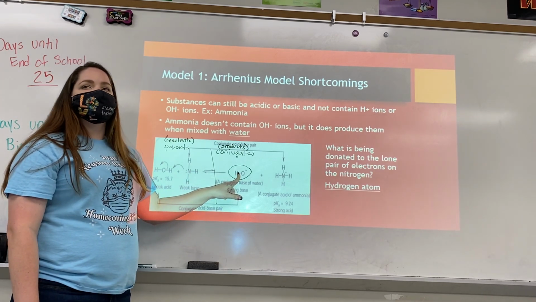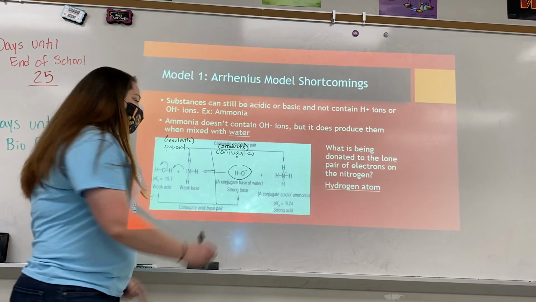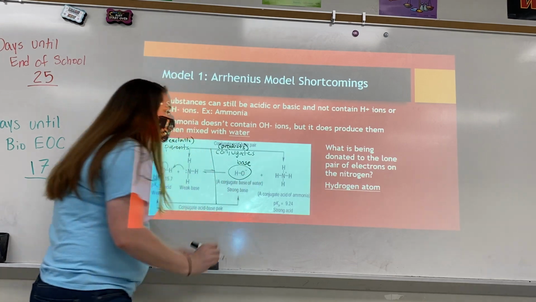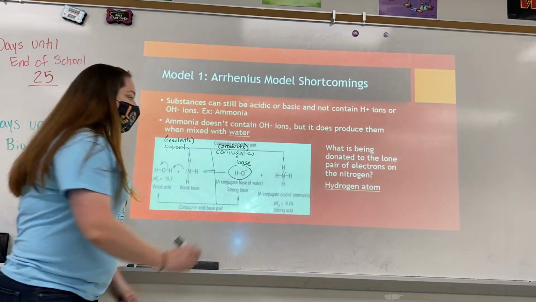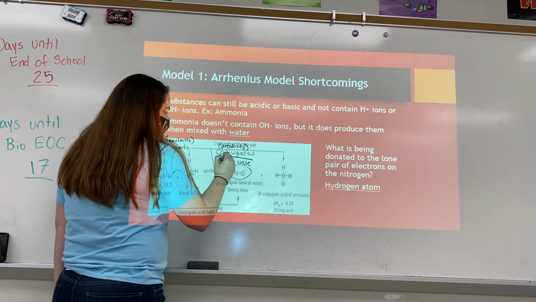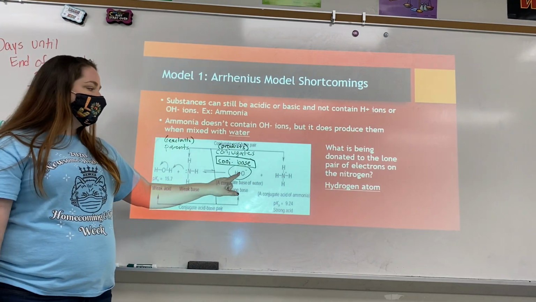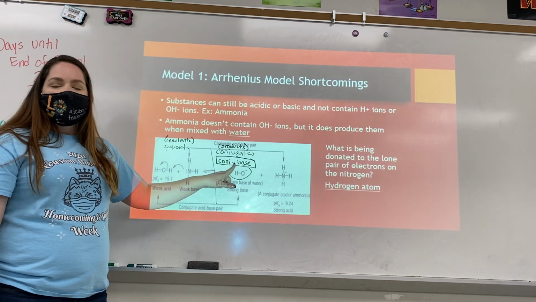Because it's a hydroxide, it's going to be a base. Now, because it is on the product side, it's going to be a conjugate base. Your conjugate substances are always in the products. So your OH minus ion is going to be your conjugate base.